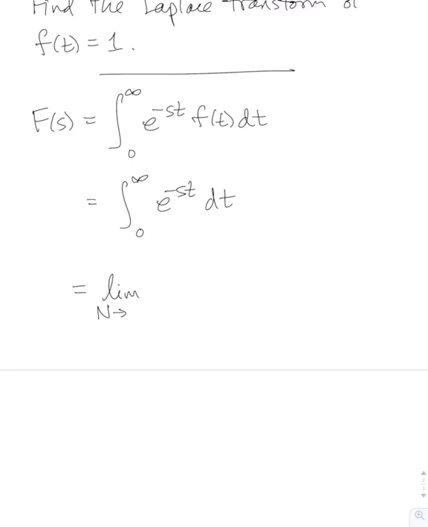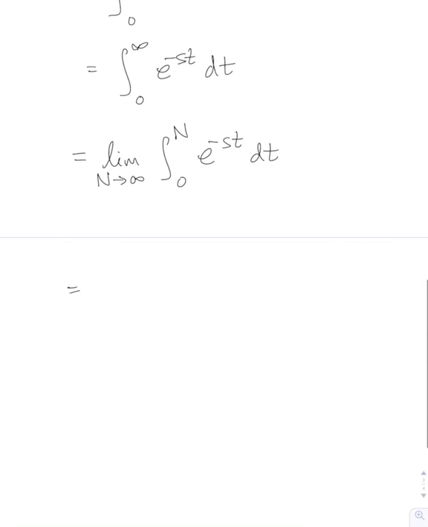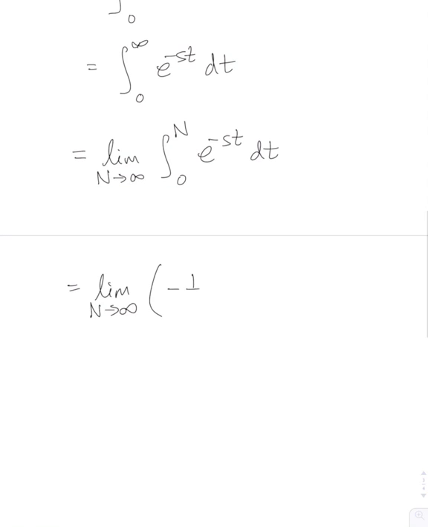It's a limit as n goes to infinity of the integral from 0 to n of e to the negative st dt. Okay. Now, we can evaluate that integral. Okay, so the antiderivative here is negative 1 over s e to the negative st, and we are going to be evaluating that from t equals 0 to t equals n.